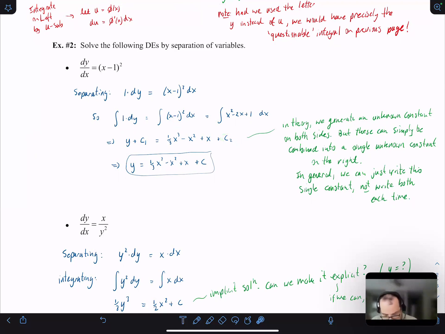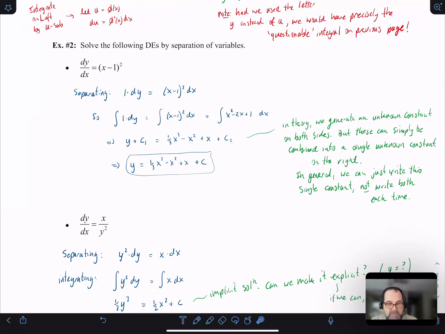One thing to note here is that, yes, in theory, I generate a constant of integration C1 on the left and a different constant of integration C2 on the right. But since they are both unknown constants, you can always just go ahead and combine them into a single constant. So I'm not going to keep writing C1 on one side, C2 on the other side.